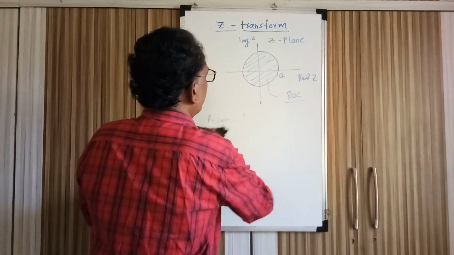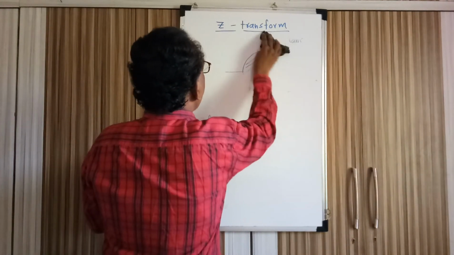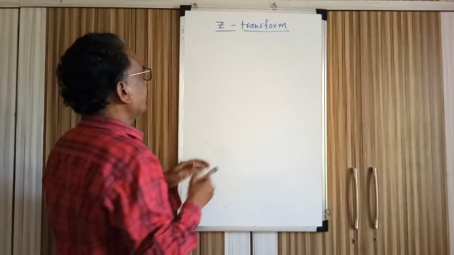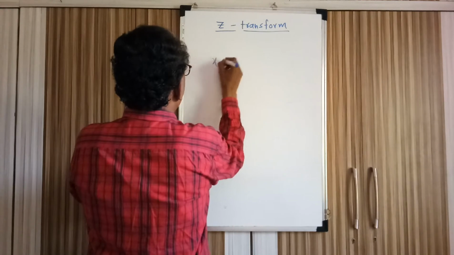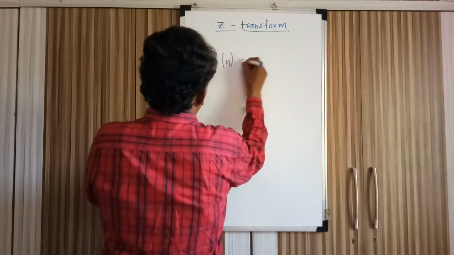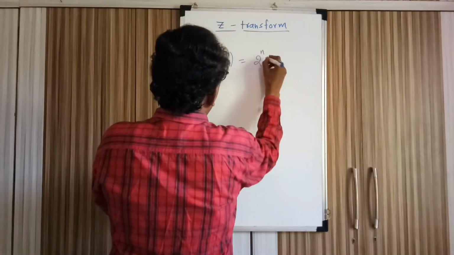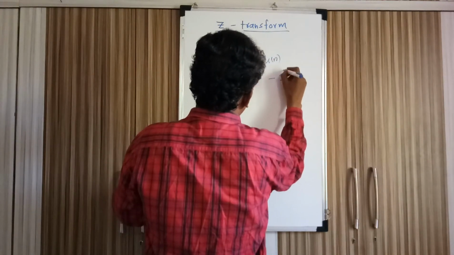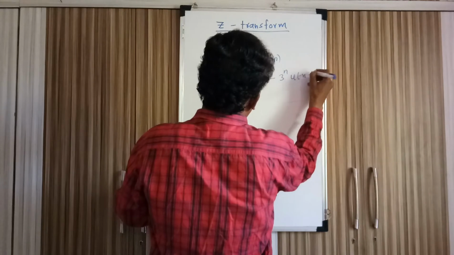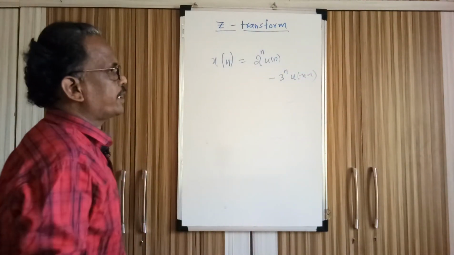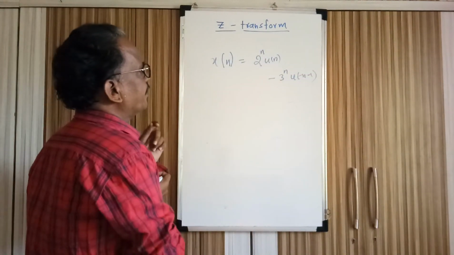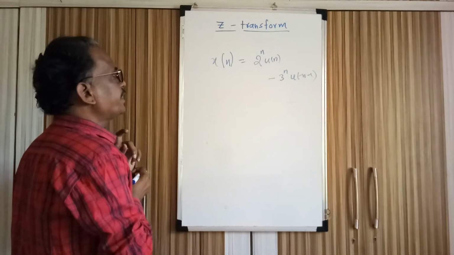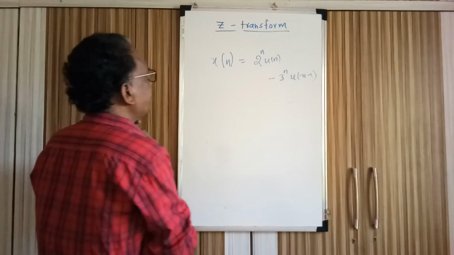After having both these problems at our hand, let us see what the Z transform of this problem is: 2 raised to n u of n, and here minus 3 raised to n u of minus n minus 1. Let us consider that the first one is x1 of n and the second one is x2 of n, because we have not yet seen the linearity property.